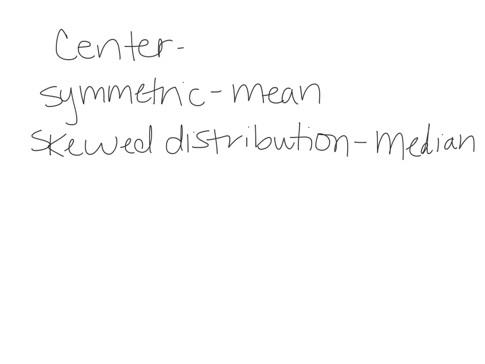The reason why is because the mean is more subject to be pulled towards the outliers, whereas the median is more resistant to the outliers. Like if there's a really small number or a really big number, it really doesn't affect the median because it only basically moves the median over like one number or half a number. Whereas the mean, if you had a really big number, it would really increase the mean.